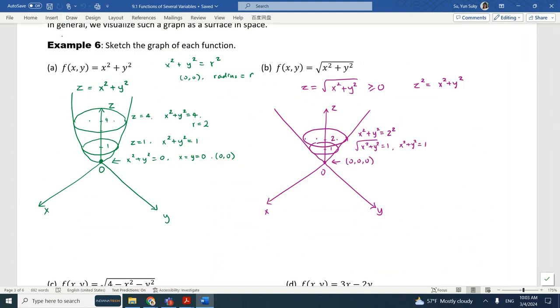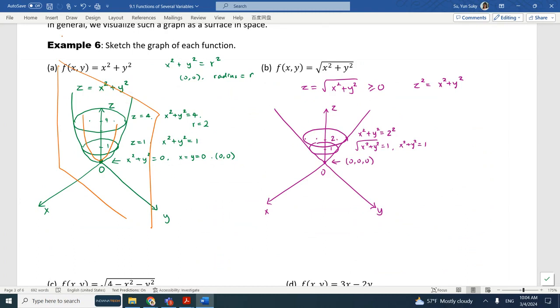If y equals 0, that corresponds to the xz plane, and they intersect the curve, you get a parabola. You see here, you get a parabola. And what if now I don't let y equal 0? What if I let x equal to 0? X equal to 0 corresponds to the yz plane. Then you intersect the curve, you get another parabola. So that's why this guy is called paraboloid.